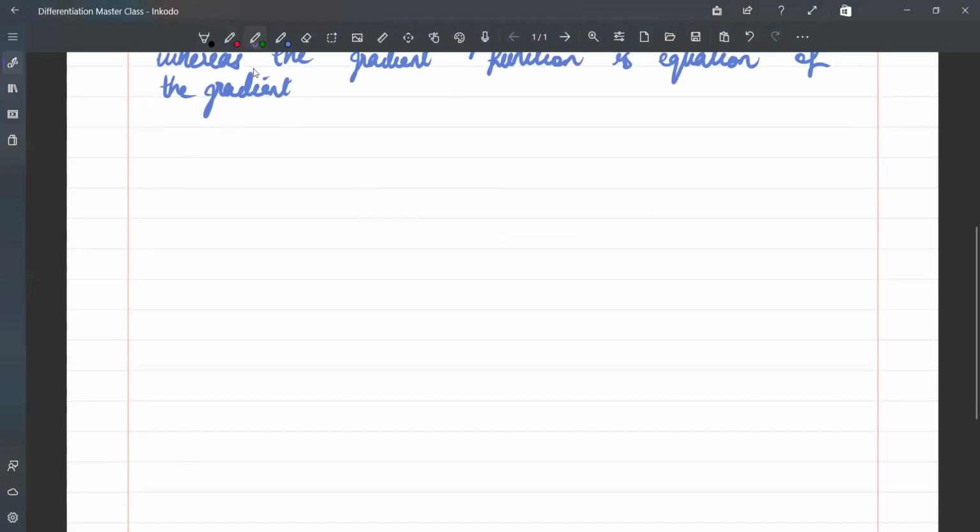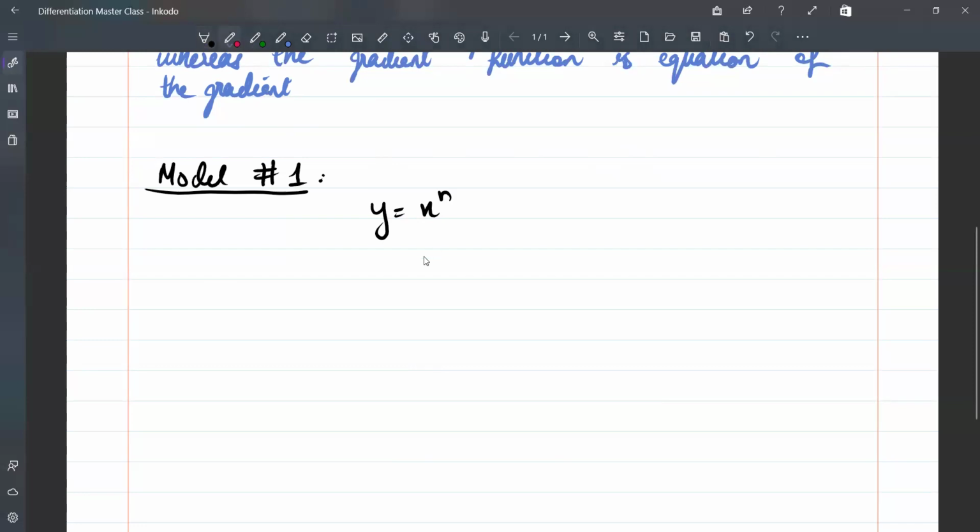Model number one. Let's say y is equal to x power n.